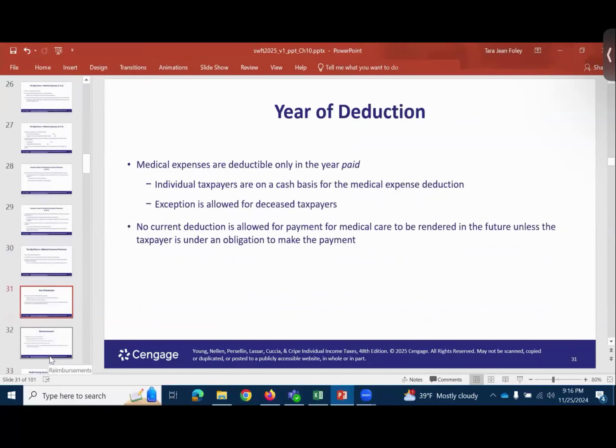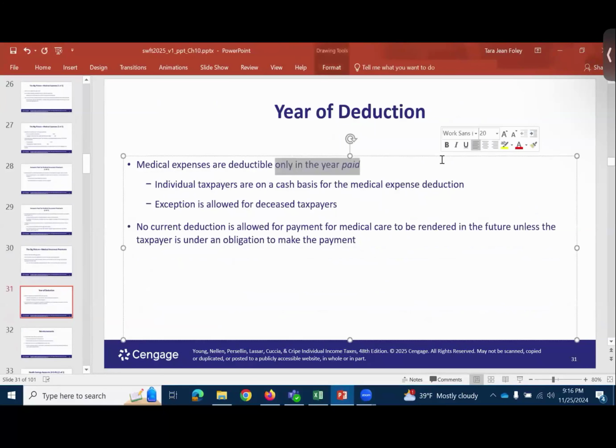The year of deduction is when you pay it. When you pay the medical expense, when you're on a cash basis. An exception is allowed for a deceased taxpayer.